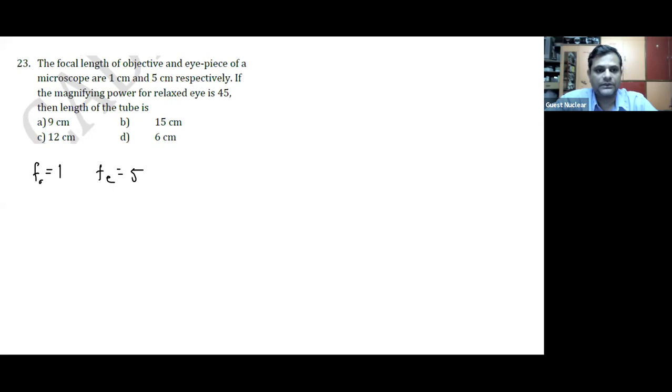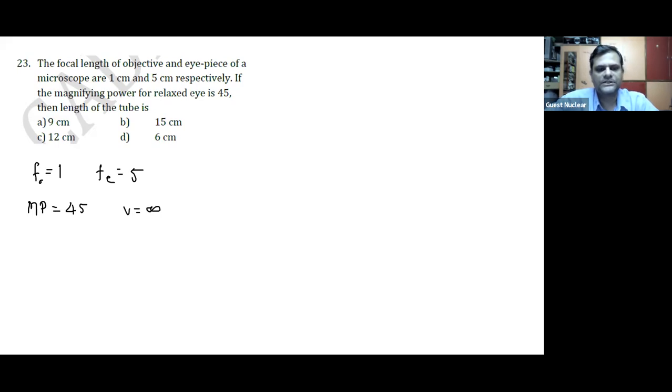Okay, देखो ठीक से magnifying power of that compound microscope is going to be 45, and that is for relaxed eye, means V must be infinity here. Eyes are most relaxed when image is formed at infinity. We want to find out the length of this tube here.